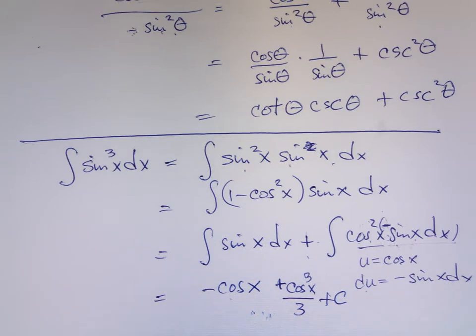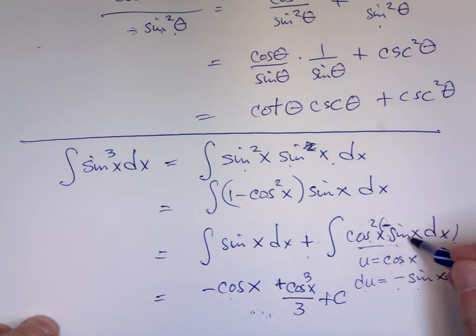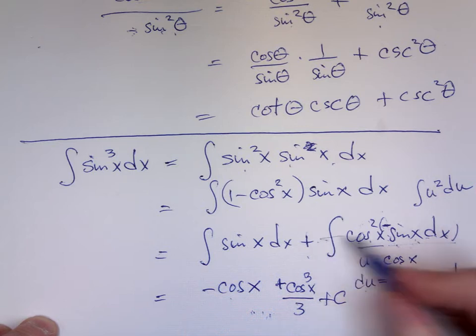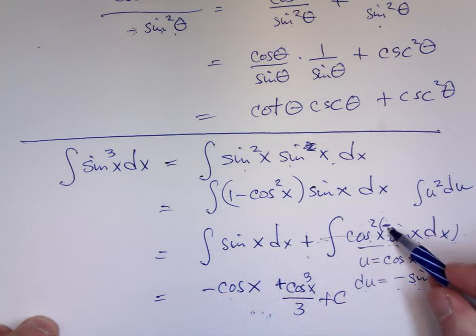Can you say that one more time? What the du is equal to? Negative sine x dx. So you replace this negative sine x dx with du. See, this integral becomes the integral of u squared du. That's what this integral becomes after you multiply by -1 here to make sure you get the du.